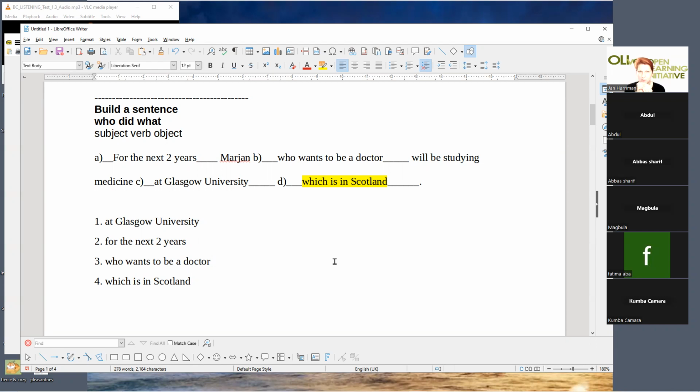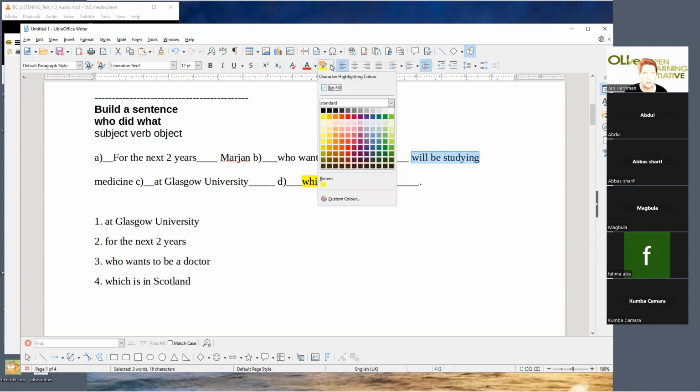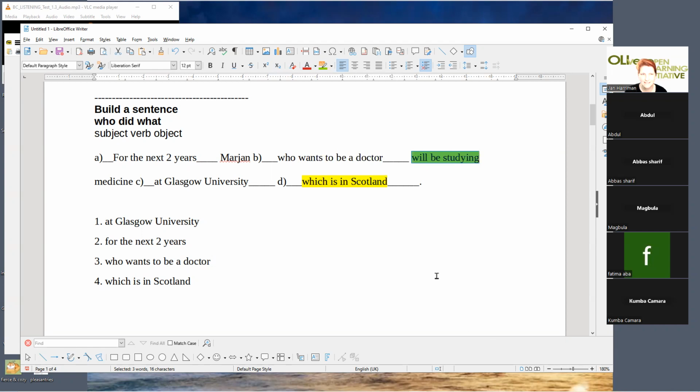Make sure you've got your core. Did we lose our core? Is our verb still doing its job? Wants. It is still doing its job, isn't it?